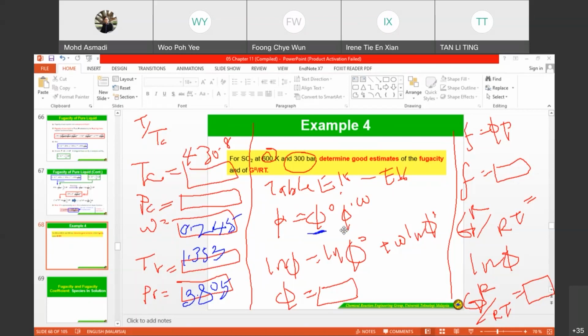Let's see. 0.724. What is it? 0.724. 0.7134. Okay, so that is correct.